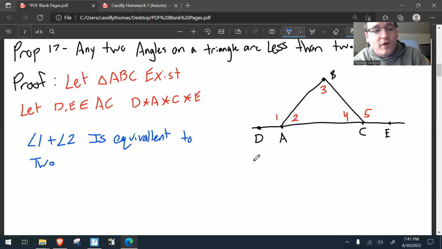I can't use 90 degrees, so: two right angles. So angle 1 and angle 2 are equivalent to two right angles.